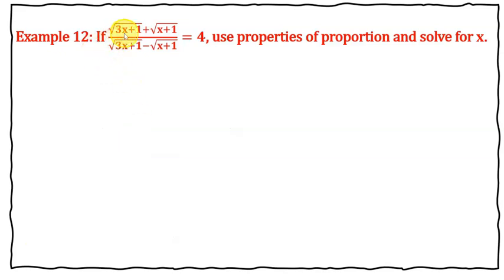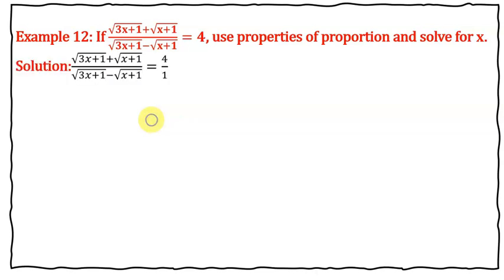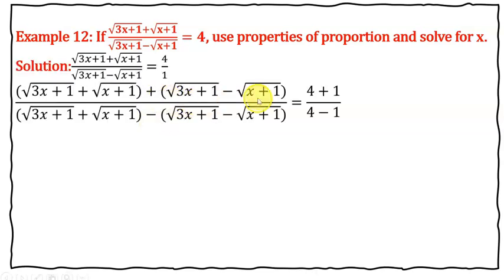Now next problem, (√(3x + 1) + √(x + 1)) upon (√(3x + 1) - √(x + 1)) is equal to 4. Use properties of proportion and solve for x. Now here we will apply componendo and dividendo. In the numerator, √(x + 1) minus √(x + 1) get cancelled, and in the denominator √(3x + 1) and plus get cancelled.